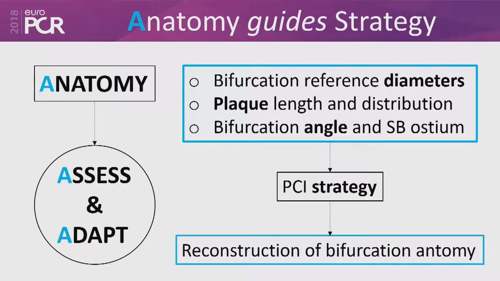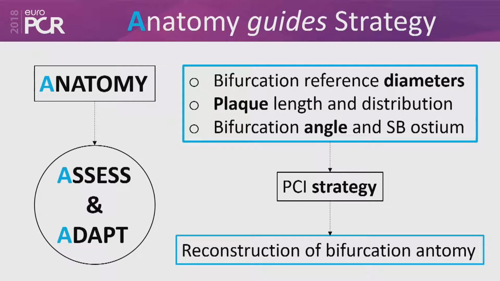With the ultimate goal, actually, of coming back to our initial slide, the puzzle, we need to reconstruct the anatomy. One of our main goals is actually, by treating the bifurcation, to try to stay within what Mother Nature gives us, to reconstruct the initial anatomy. Thank you very much.